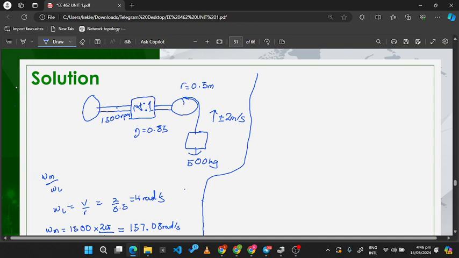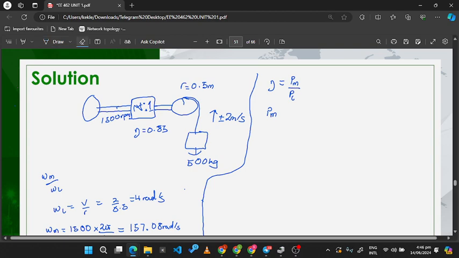Efficiency would be the output over the input. When we are lifting, the input is from the motor, so we have P_L over P_M.